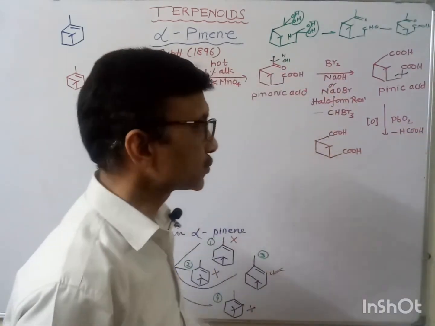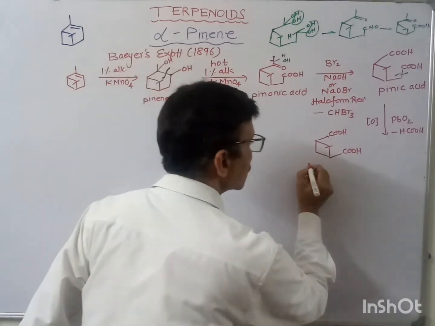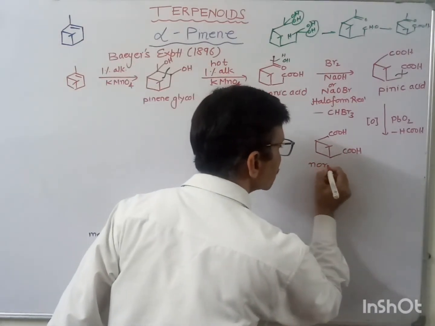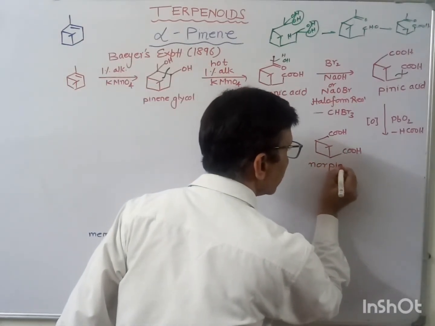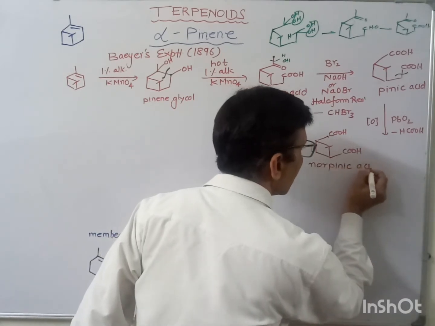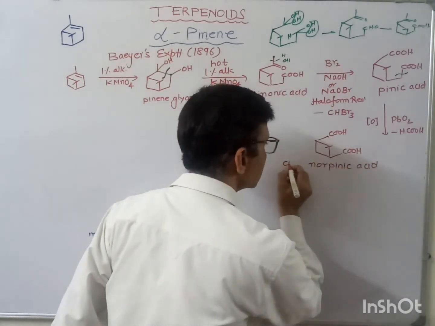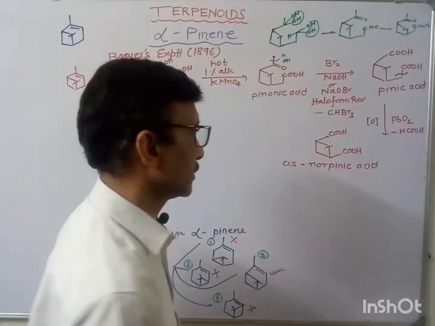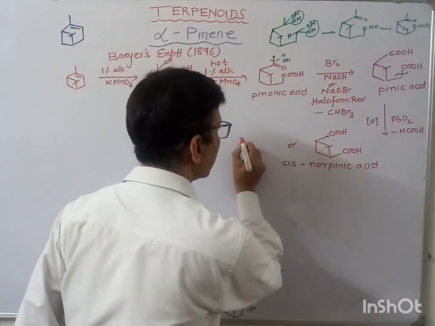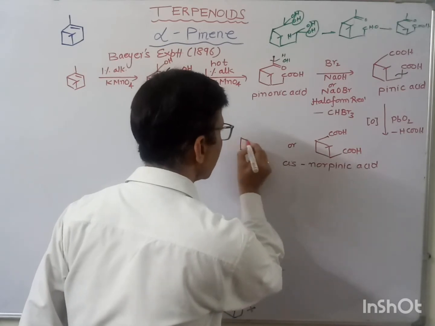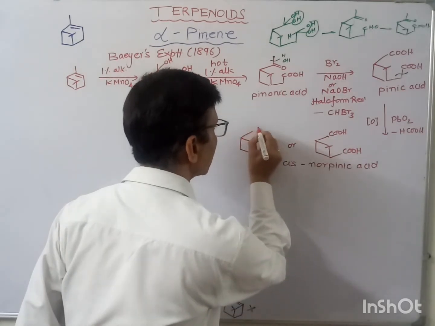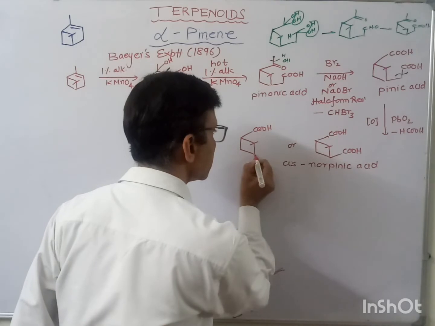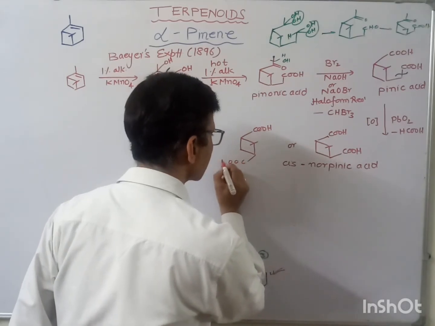So this was called the norpinic acid. I have written the cis norpinic acid, and it also gives the trans norpinic acid, or we may write the trans norpinic acid in this way. This is the trans norpinic acid.